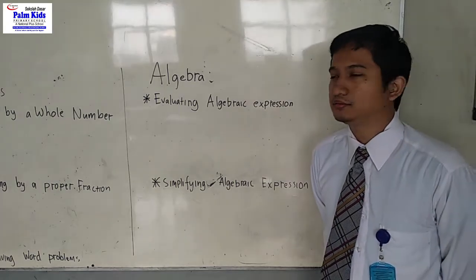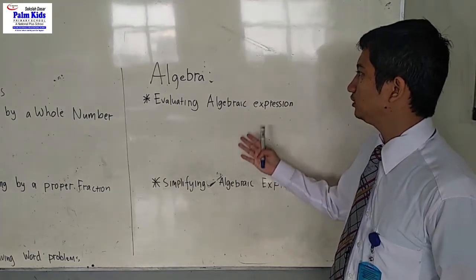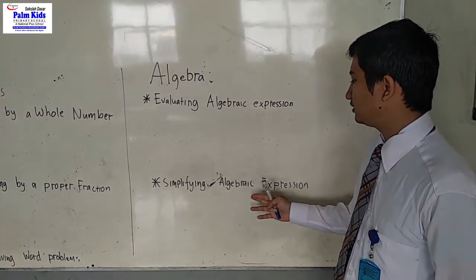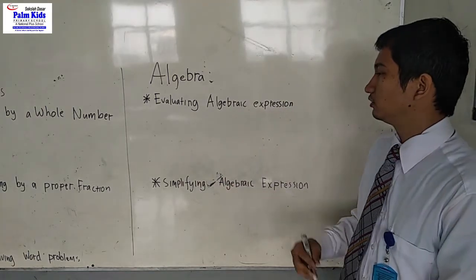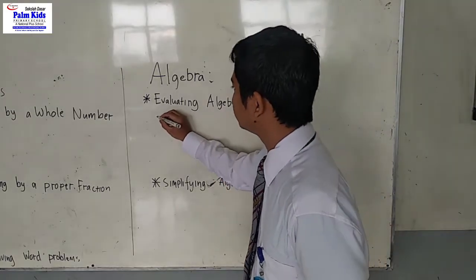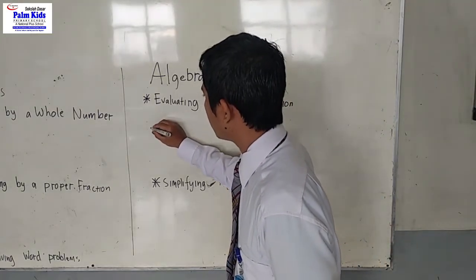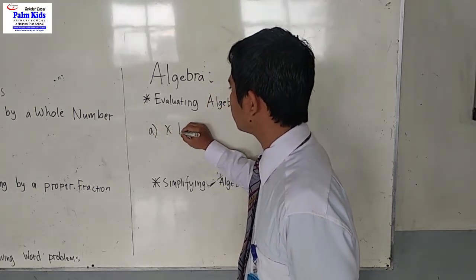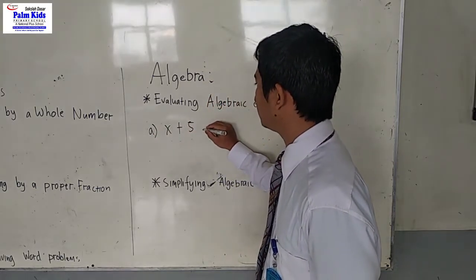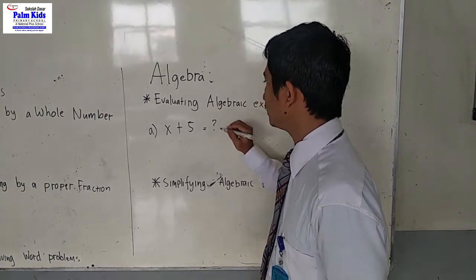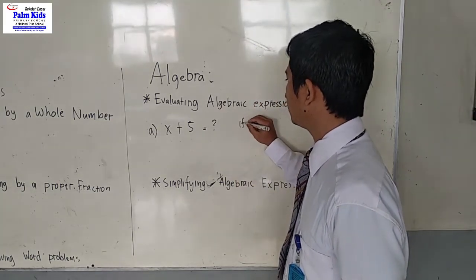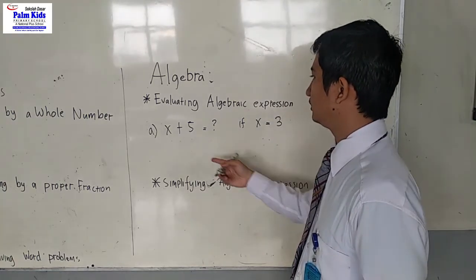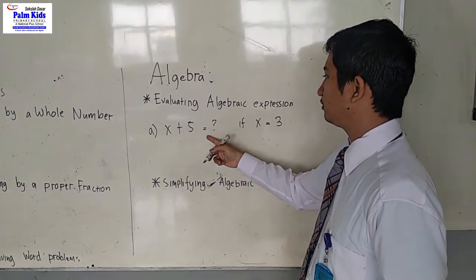In algebra, that will come in the final test, you will need to learn about evaluating algebraic expression and simplifying algebraic expression. Just so you know, it's like this. x + 5 = ? If x = 3, x + 5 equals to what?